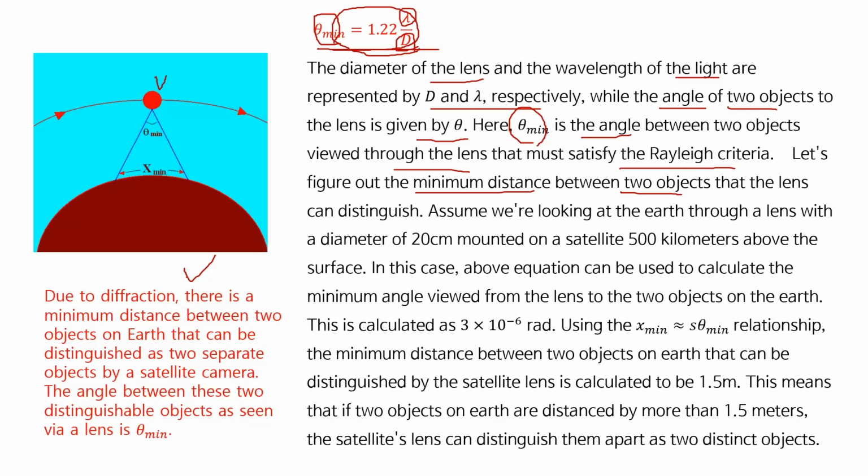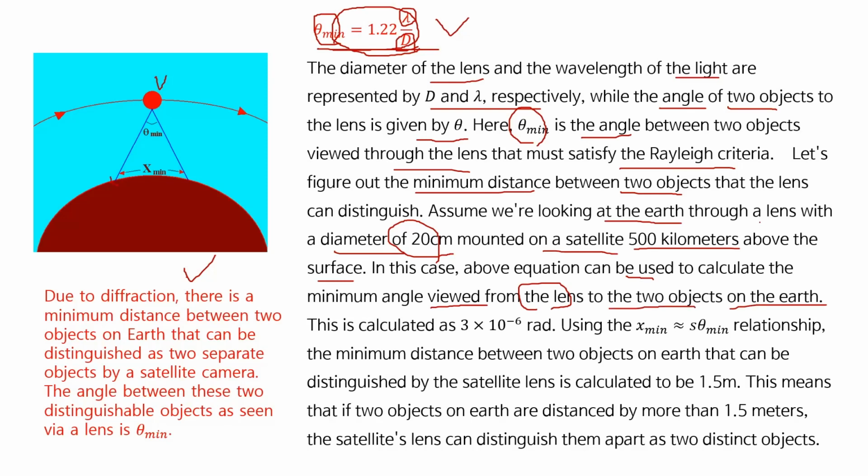Assume we are looking at the Earth through a lens with a diameter of 20 centimeters mounted on a satellite 500 kilometers above the surface of the Earth. In this case, this equation can be used to calculate the minimum angle viewed from the lens to the two objects on Earth.